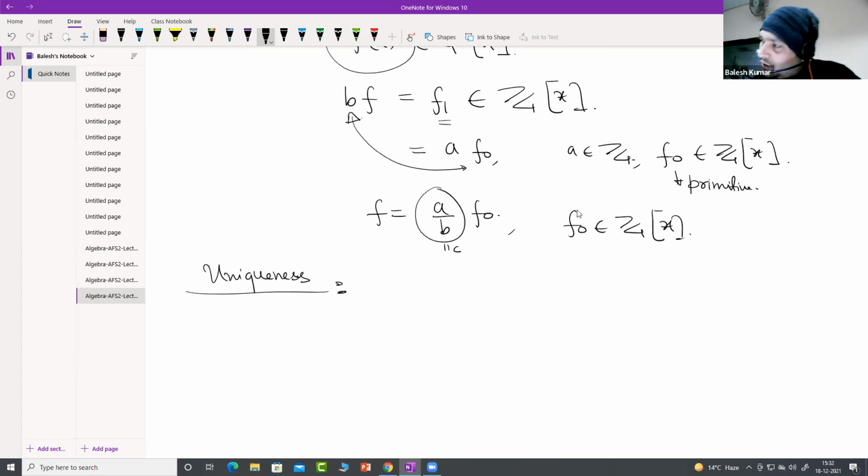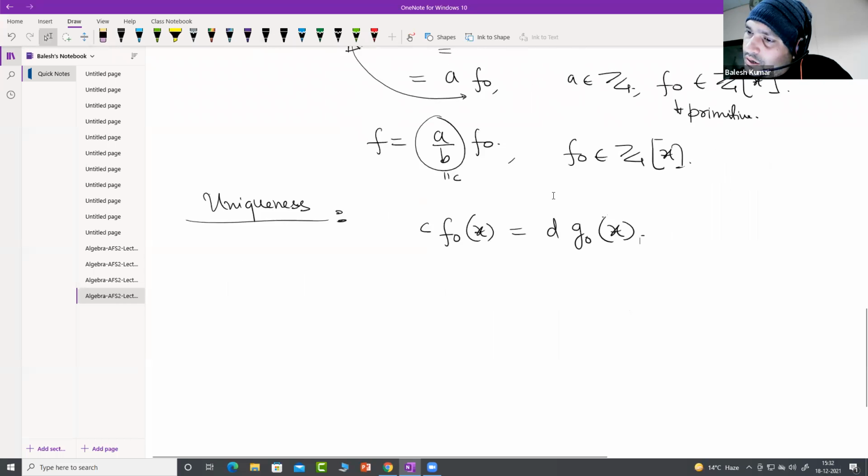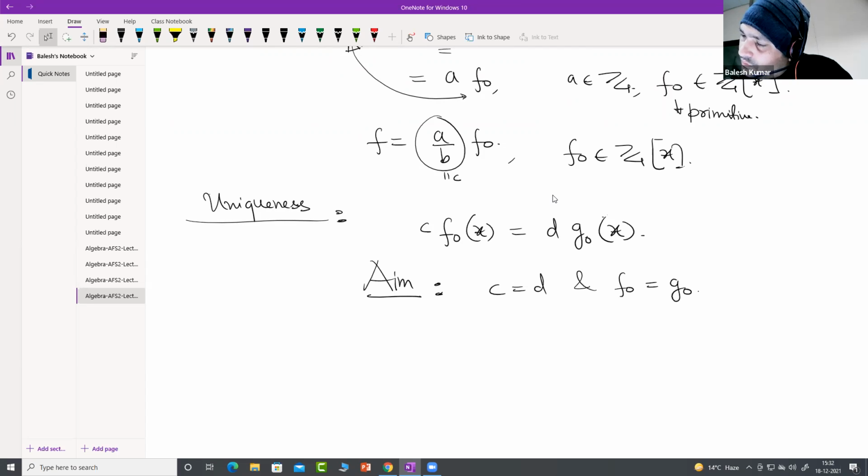That means if we take two representations of this f, as c times f0 of x equal to d times g0 of x, written in two ways, then we need to somehow prove that c is equal to d and f0 is equal to g0. So how to proceed for this?